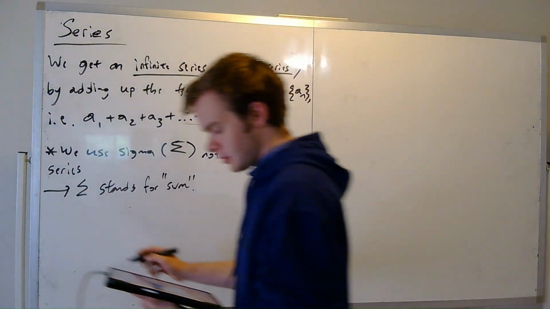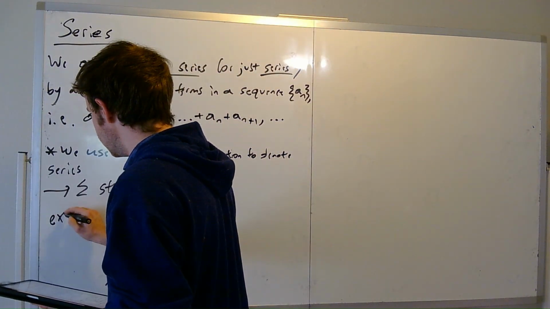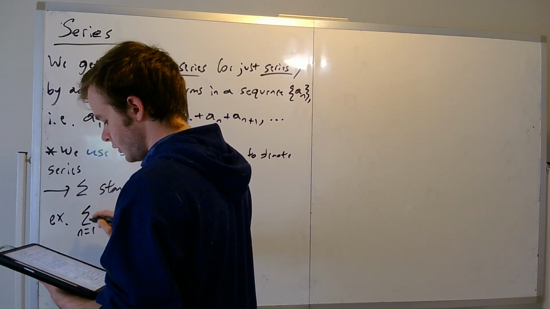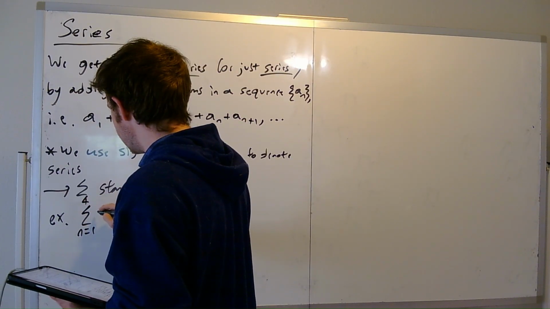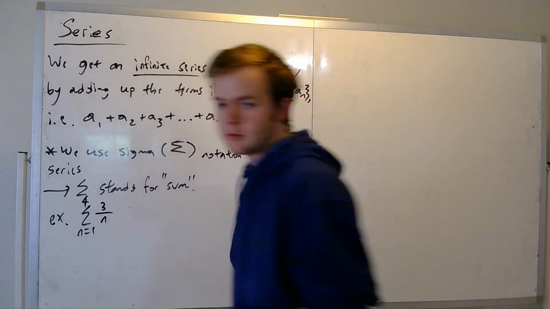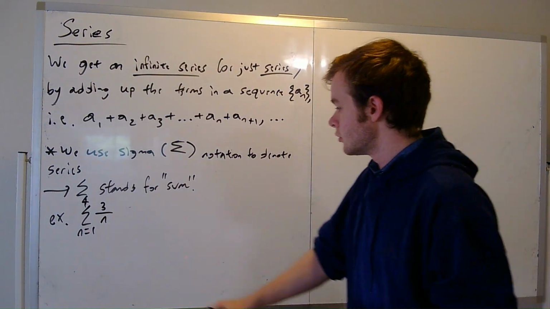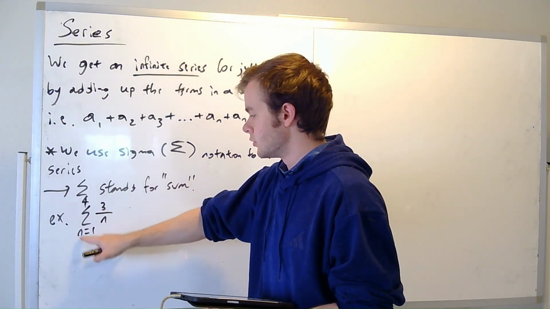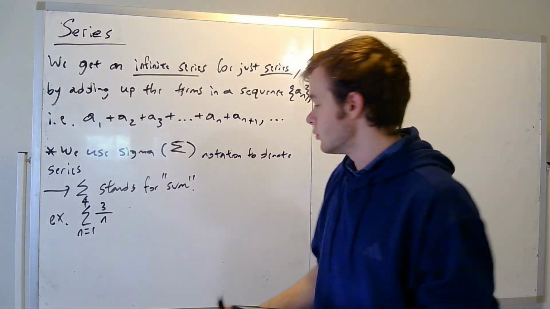Alright, so let's write down an example here. If we have the sum from n equals 1 to 4 of 3 over n, let's write out what that means. This is saying we're going to start at n equals 1 and add all of the terms together until we get to n equals 4.